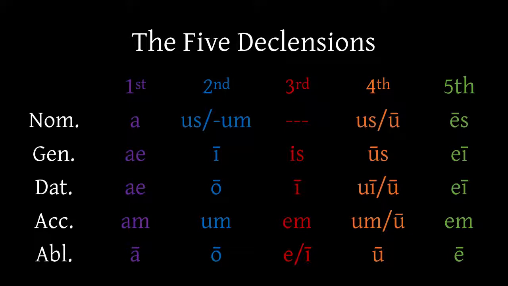All second declension nouns will end as you see in the blue column. They never decide to be different from that. They always stay that way. So another way to say that is that nouns don't change declension.